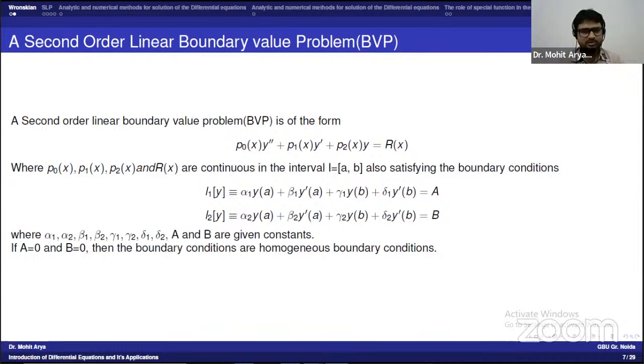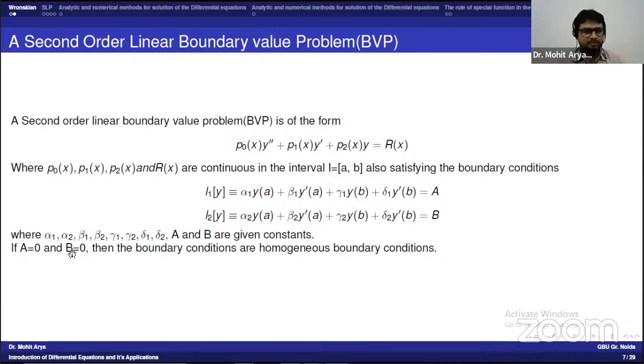The first boundary condition, L1y, equals alpha1 y(a) plus beta1 y'(a) plus gamma1 y(b) plus delta1 y'(b) equals A. The second condition, L2y, equals alpha2 y(a) plus beta2 y'(a) plus gamma2 y(b) plus delta2 y'(b) equals B, where alpha1, alpha2, beta1, beta2, gamma1, gamma2, delta1, delta2, A and B are given constants.